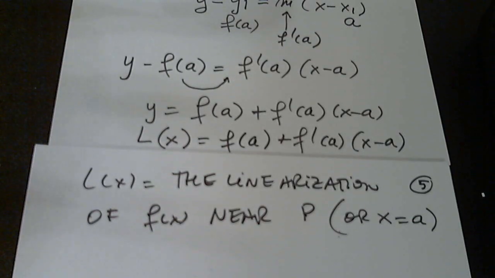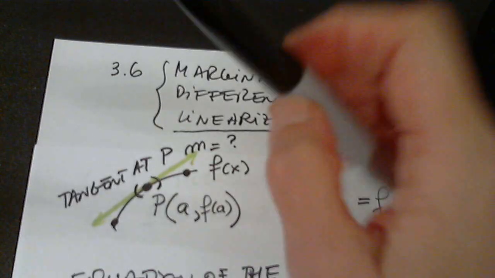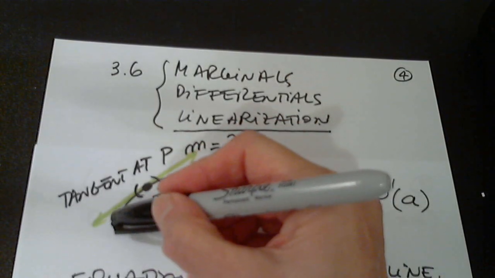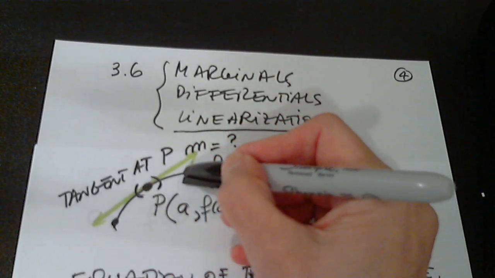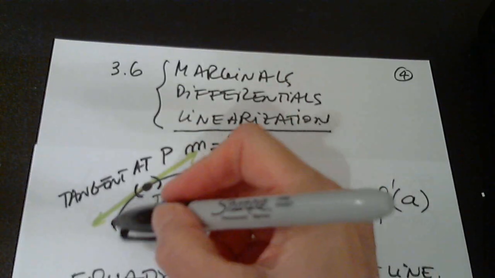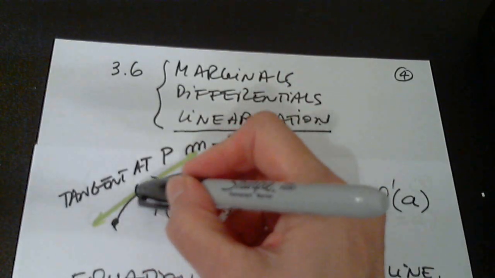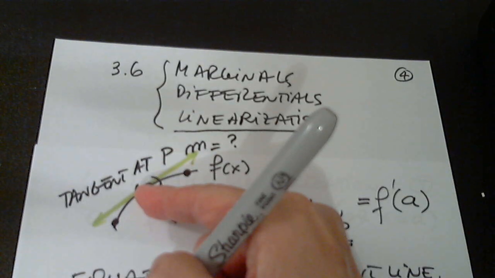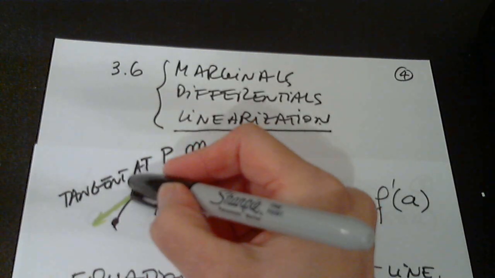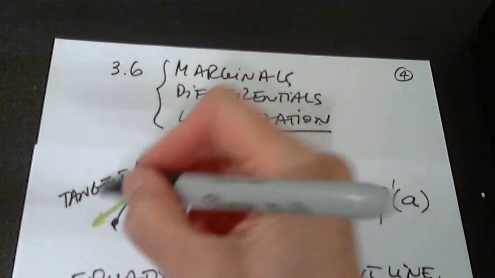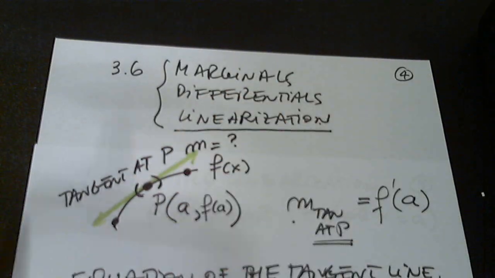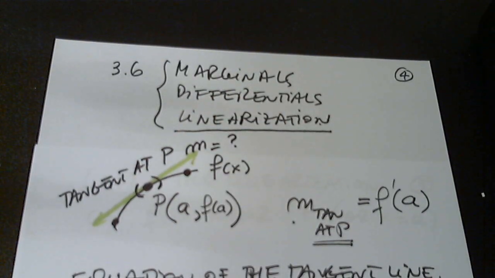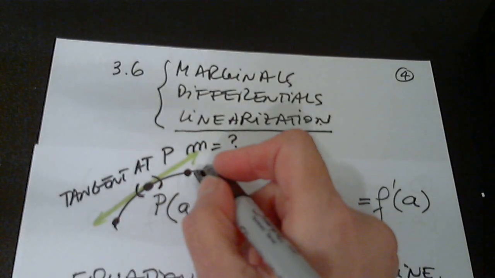What does it mean? Why do I need this linearization? It means this, that if I need to approximate the function or evaluate the function near the point, I could use the equation of the line. There must be an error. If I use the function, I will not have an error.